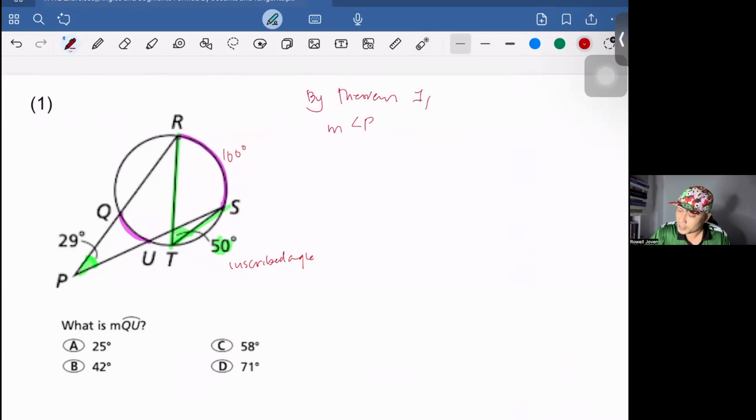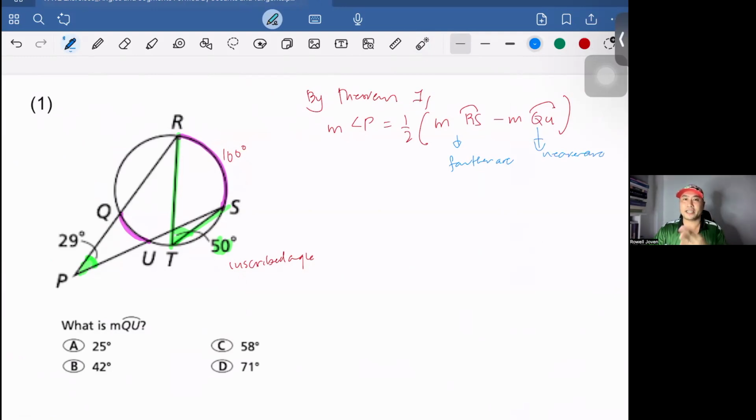Measure of angle P is always equal to 1/2 the measure of arc RS minus the measure of arc QU. Okay? So this is now the farther arc minus the nearer arc. So it's always farther arc minus nearer arc divided by 2. In our case, angle P is already given as 29 degrees, right?